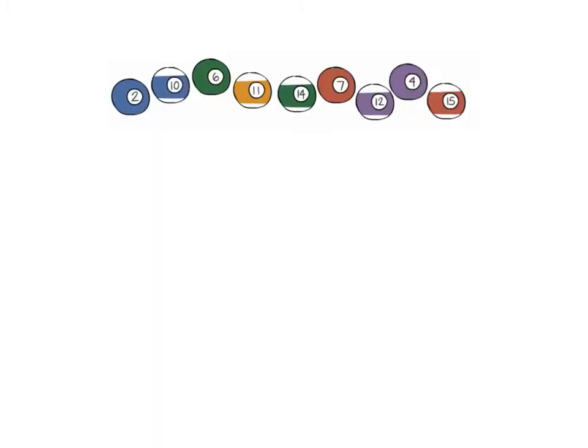Sometimes when I'm looking at ratios, I might need to pay very careful attention to what my question's asking me. So, if I have this picture and I have all of these pool balls, the question could ask me a few different ratios. So one ratio, it could ask me stripes to solids. Well, they don't give me any numbers in the word problem, so I'm going to have to count.